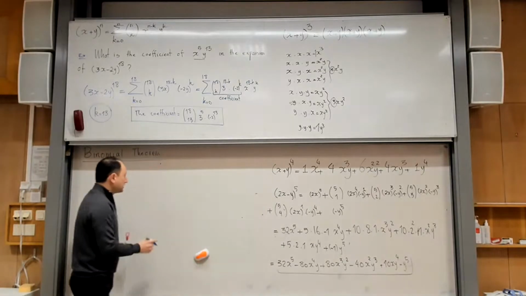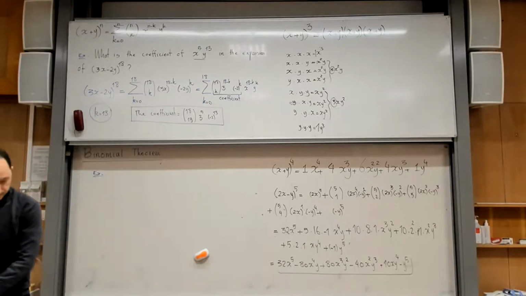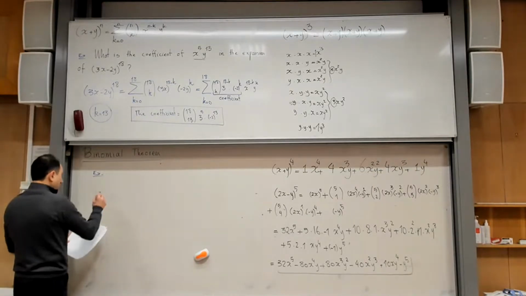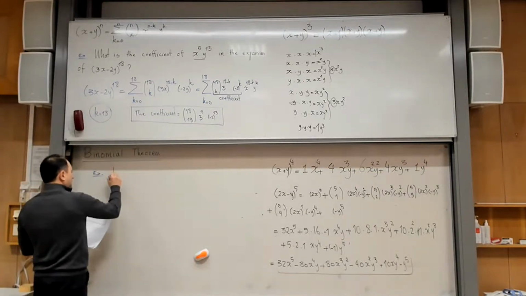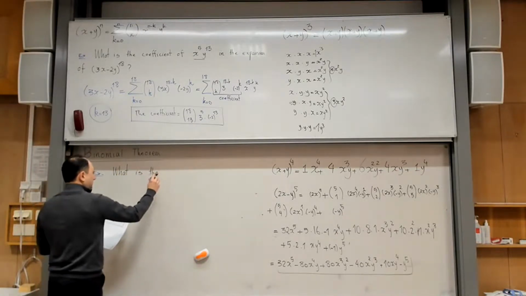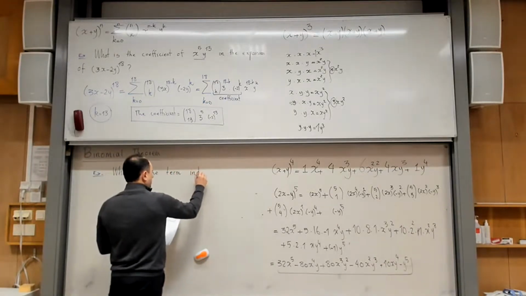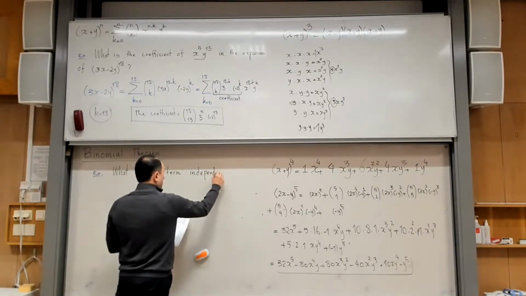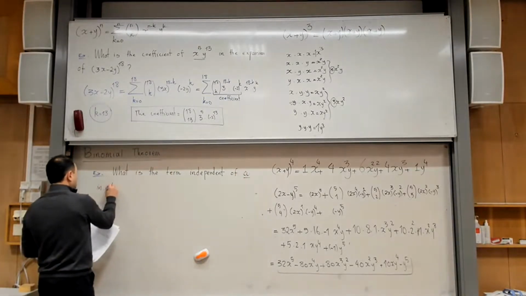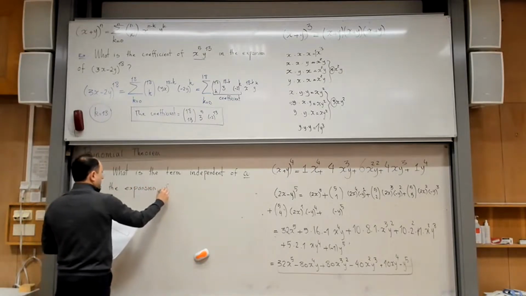Okay, so here we write this. What is the term independent of A in the expansion of this expression?